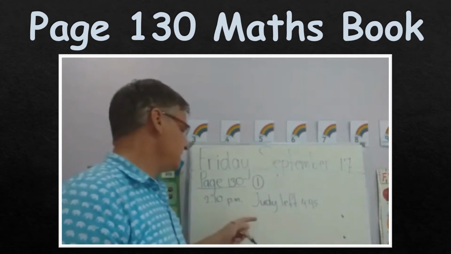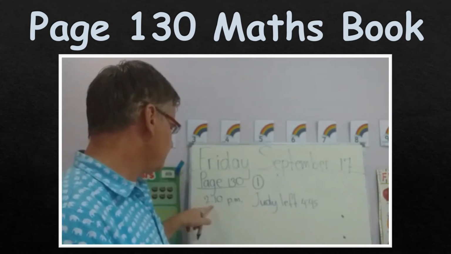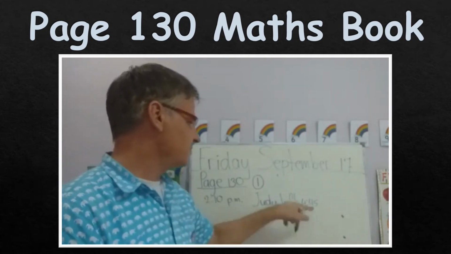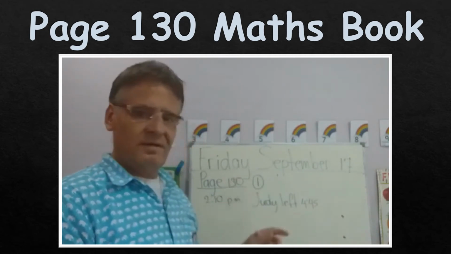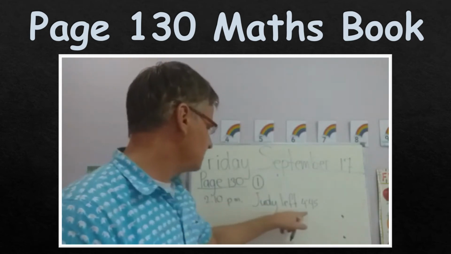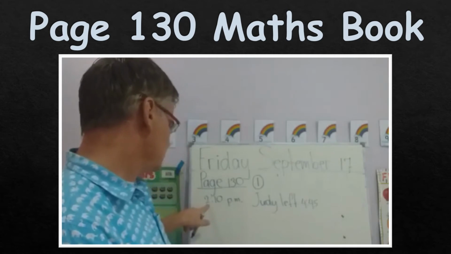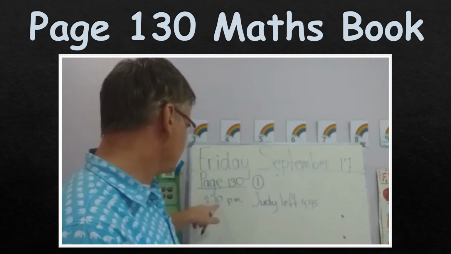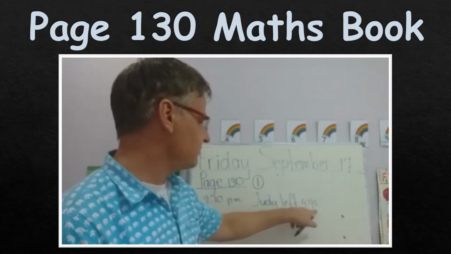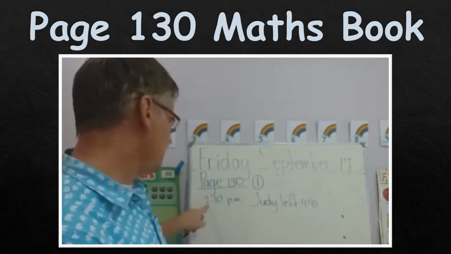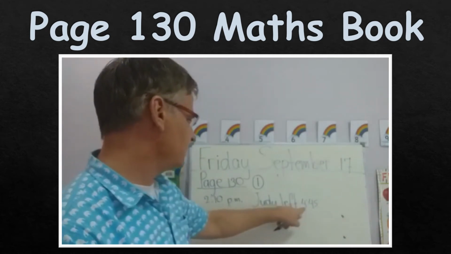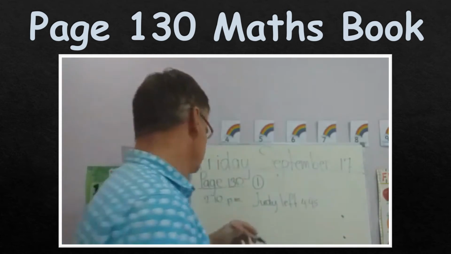So Jessie and Judy arrived at 2:10 and Judy left at 4:45. Now, let's first see how long Judy was there. So, from 2 o'clock and 10 minutes to 4:45. How many hours? So, 2 to 4 is 2 hours.